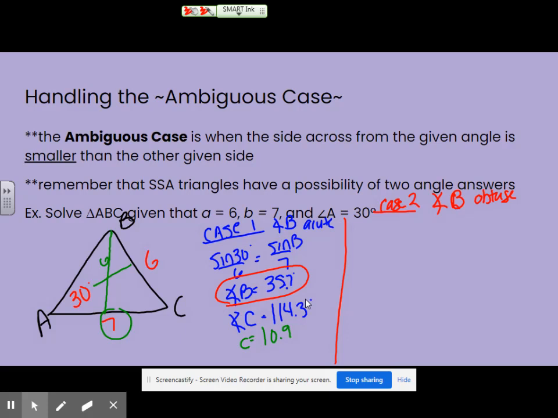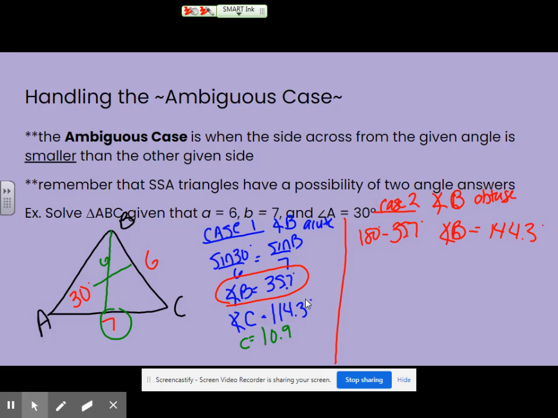In order to have my second case in which angle B is obtuse, I'm going to take that angle that I originally found, 35.7, and I'm going to subtract that from 180. There's a decimal there. When I subtract it from 180, I get that in this case, in this universe, the angle of B is 144.3 degrees.